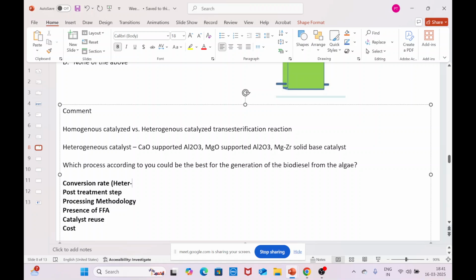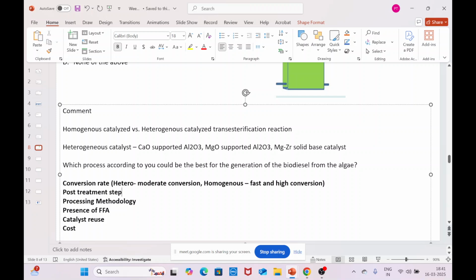Heterogeneous has moderate conversions, whereas homogeneous has high conversions. Yeah, high and fast.